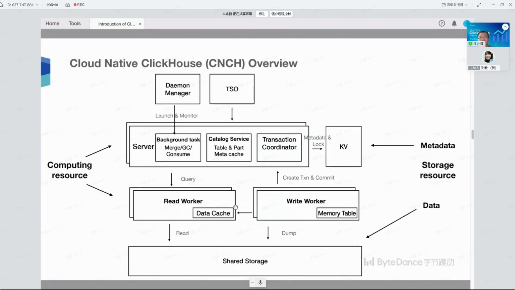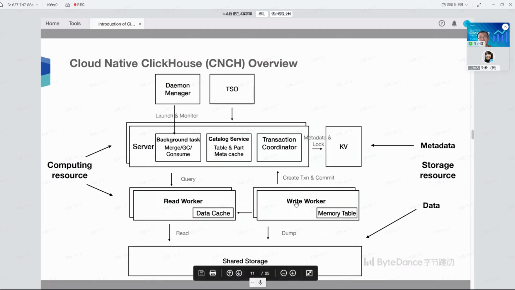Here we have different kinds of workers, the read worker and the write worker. The read worker is mainly responsible for select, and the write worker is mainly responsible for insert. Actually, by having this disaggregated architecture, we can even have more kinds of workers, because the workers can share all the data in the storage layer.